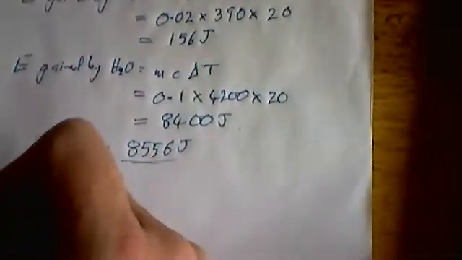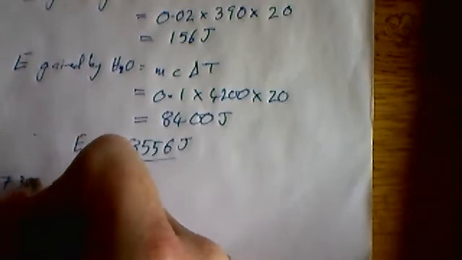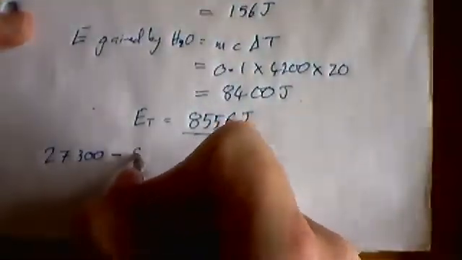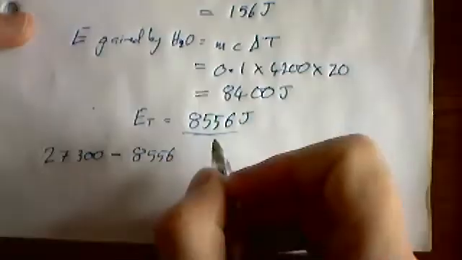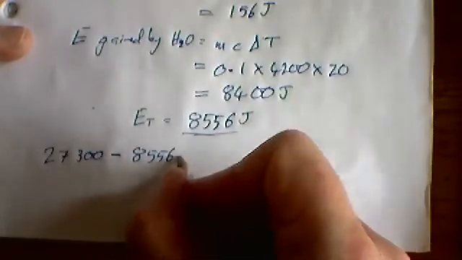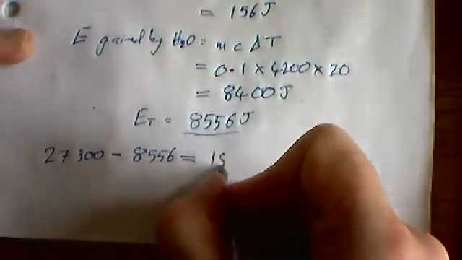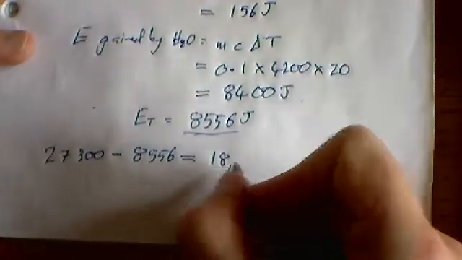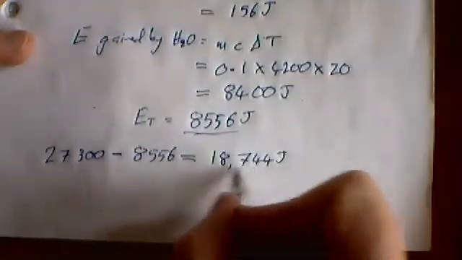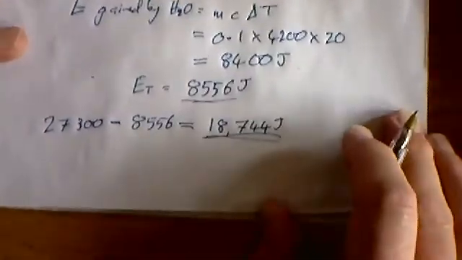Of the 27,300 joules going in, 8,556 joules is raising the temperature of our water and our copper can. The rest, 18,744 joules, is going to go into turning the water into steam.